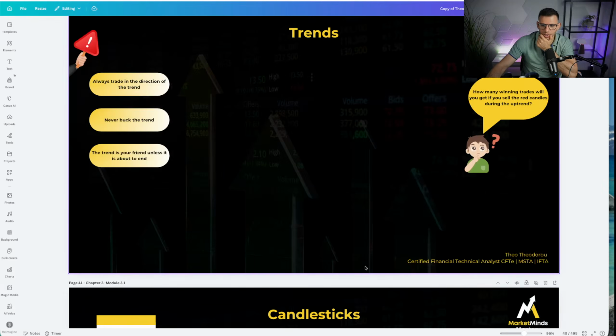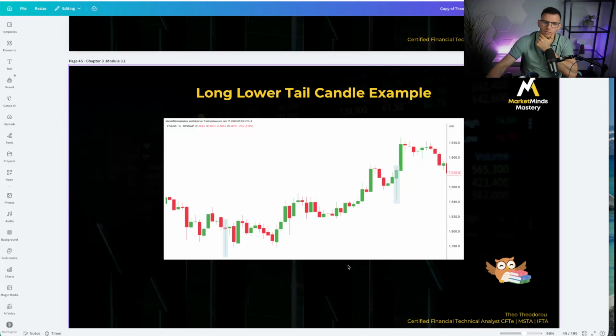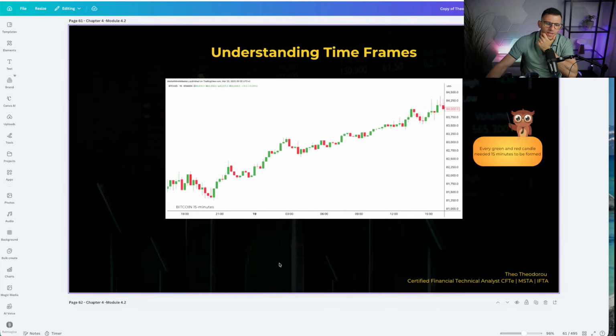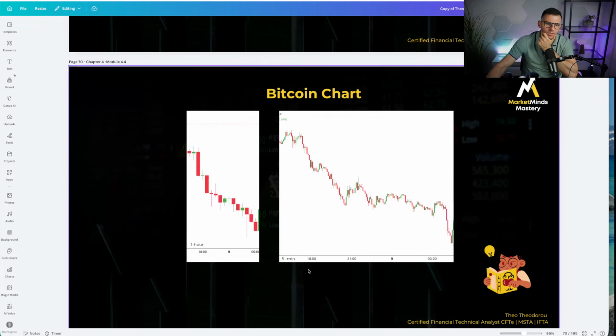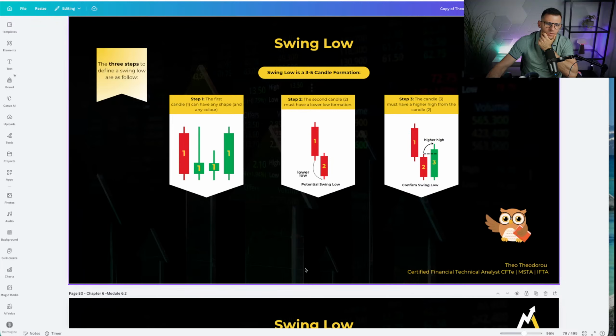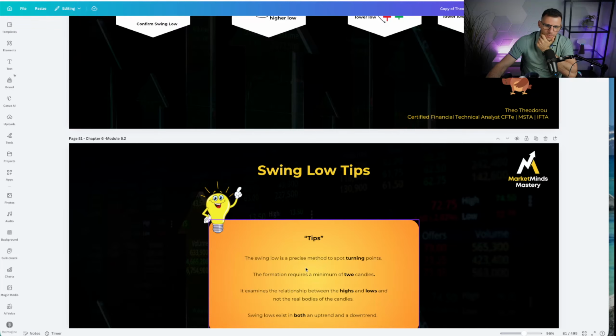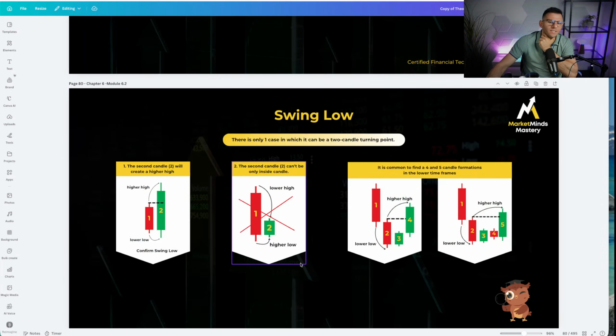Let's go to swing lows and swing highs. Guys, by the way, that's my course. These are the swing lows, okay? A swing low is a formation where the market makes lower lows, and then the last candle that made the lower low breaks into a higher high.